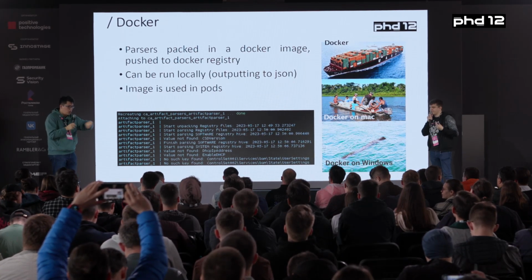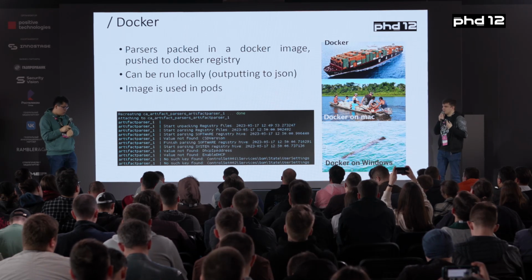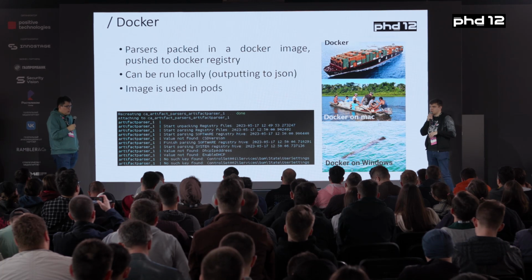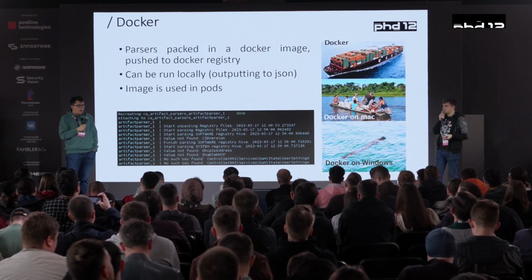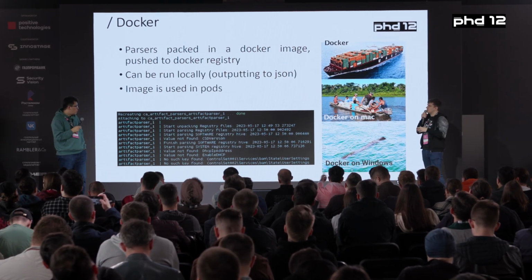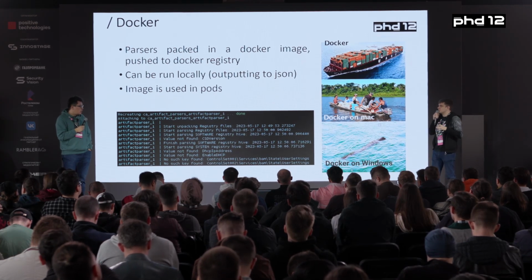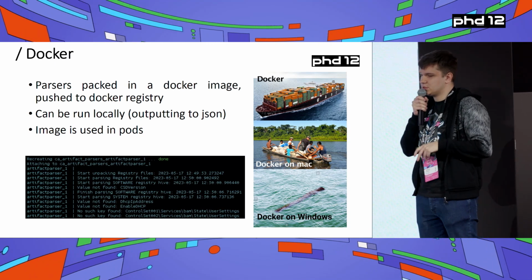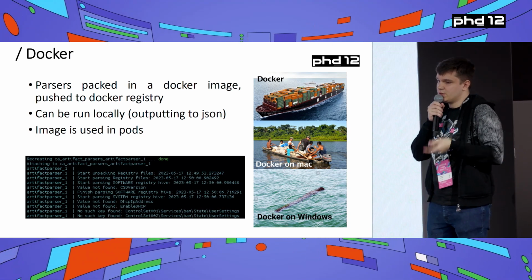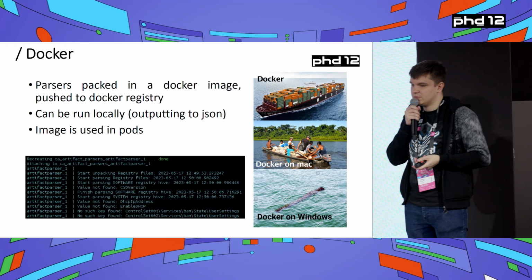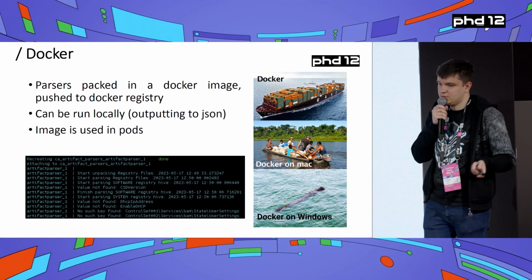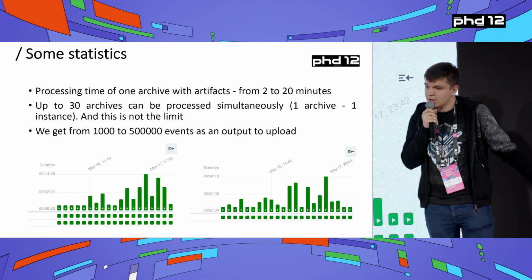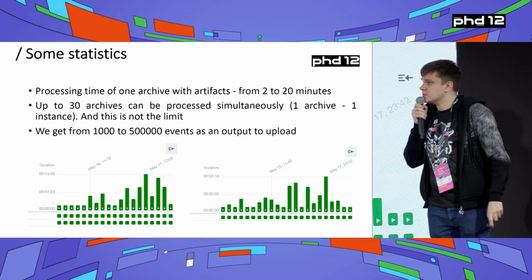There was a requirement that all these scripts, parsing and filtration, should be launched locally and in a Docker. Parsers are packed in a Docker image and pushed to the Docker registry, and it can be run locally or on our infrastructure.